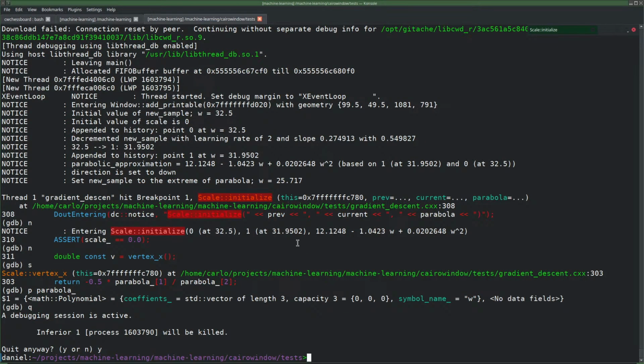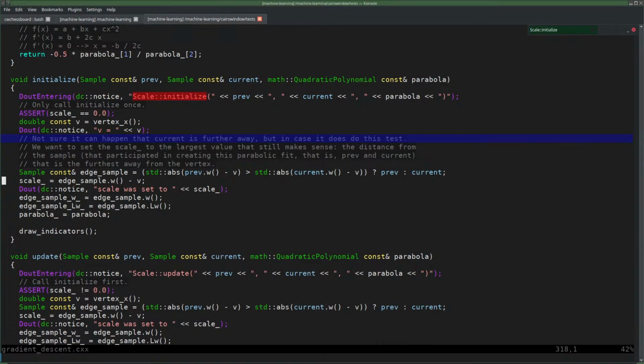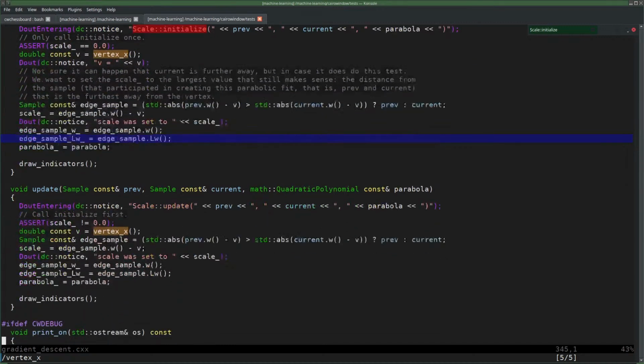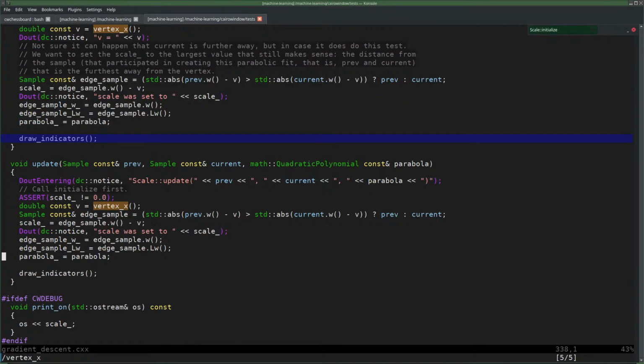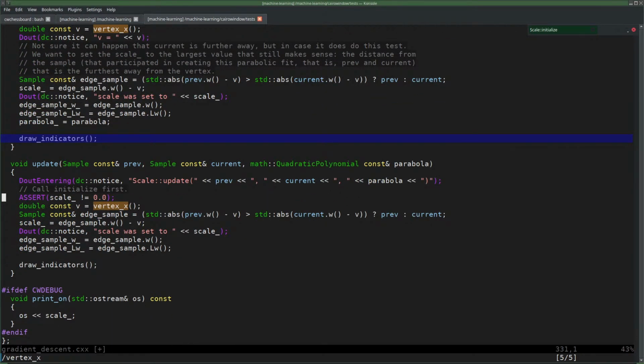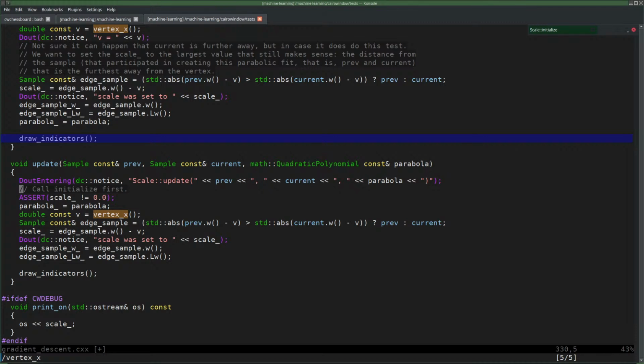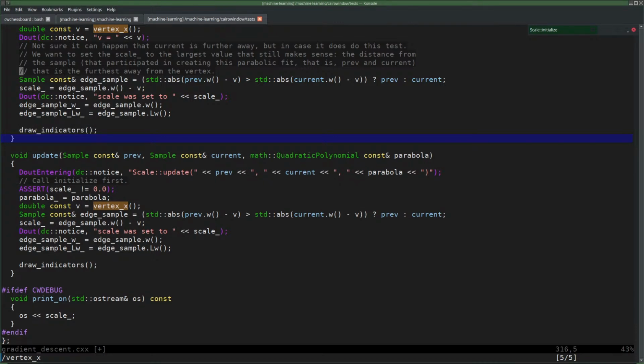You can't call vertex before assigning the parabola, you moron. Okay, yep. Doing it in both cases. That must be assigned first.